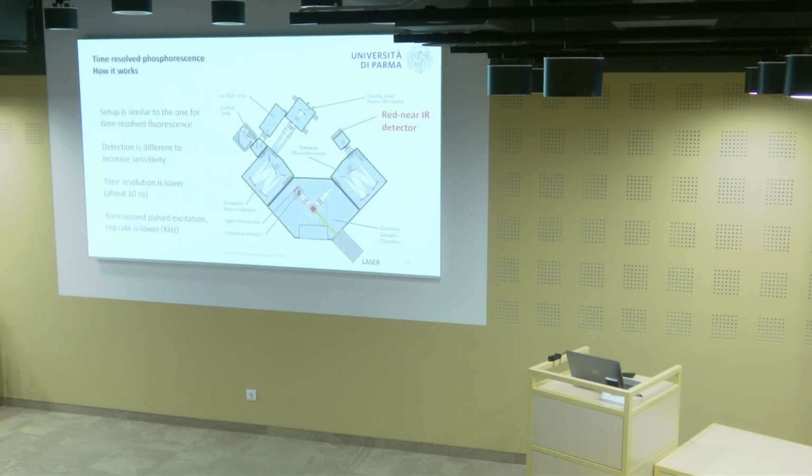So the setup looks like the fluorometer. In fact, it's the same setup, except that the laser has to be used at low repetition rate because the emission is very slow, so you cannot come at megahertz. You have to come at kilohertz because the time it takes is 10, 20, 100 microseconds in some cases.